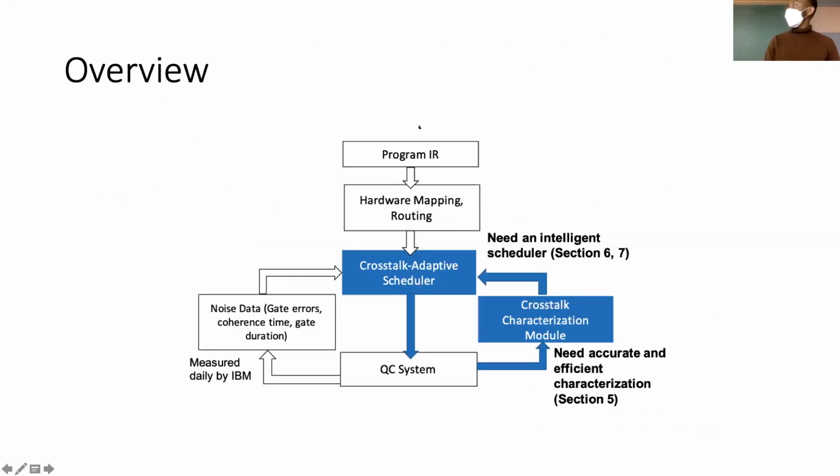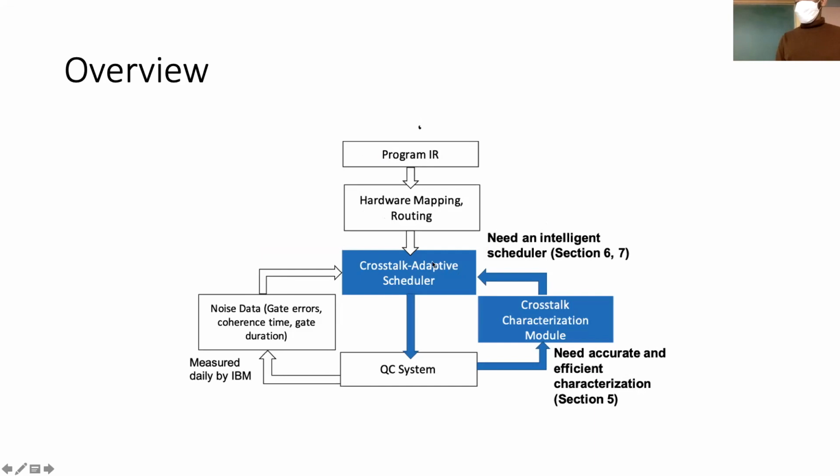If we look at the overview of how this is done, we have a programming instruction, which is our quantum circuit written in a low level form, and then there is hardware mapping and routing. To execute that quantum circuit on the hardware, we use mapping and qubit routing.